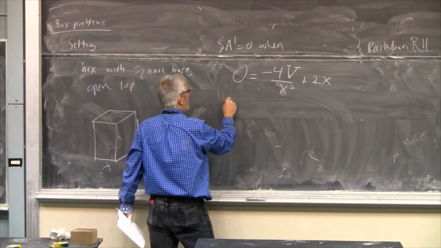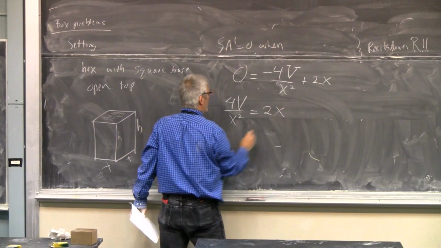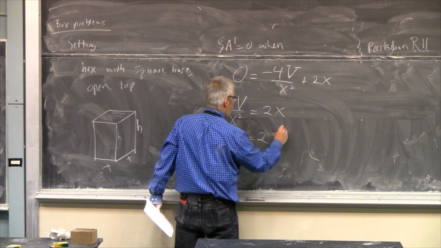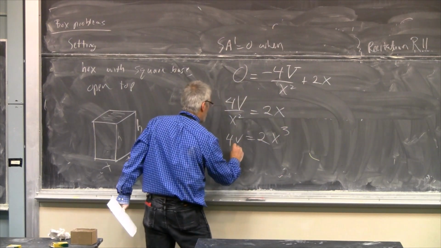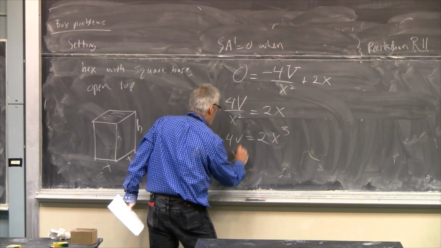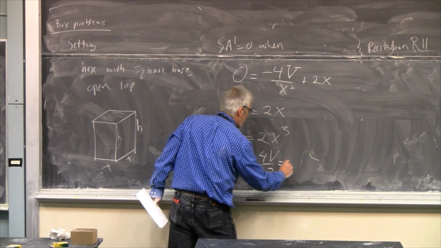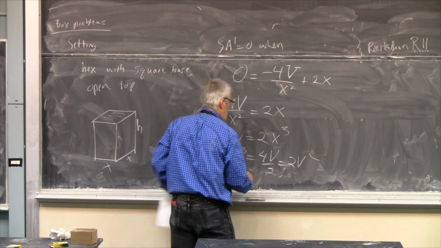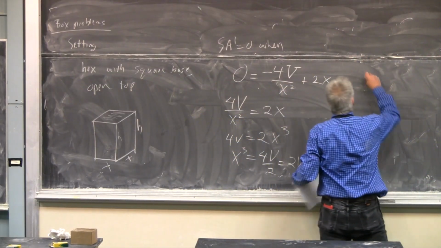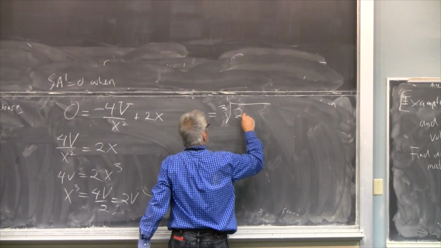So that means 4V over x squared has to equal 2x. So 4V equals 2x cubed, and so x cubed equals 4V over 2, in other words, 2V. So that means x is the cube root of 2V.